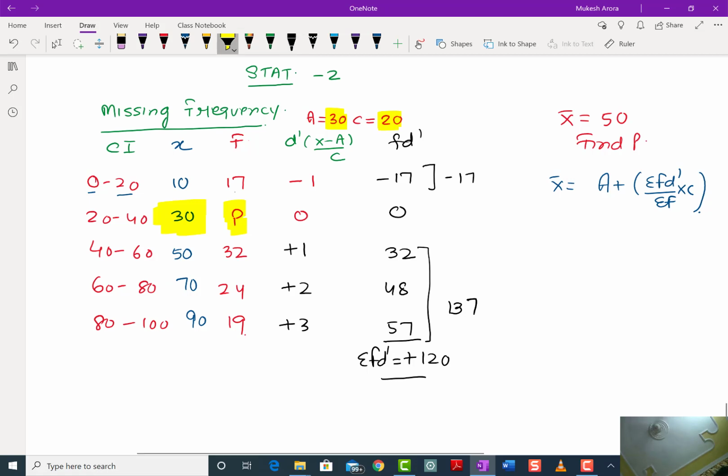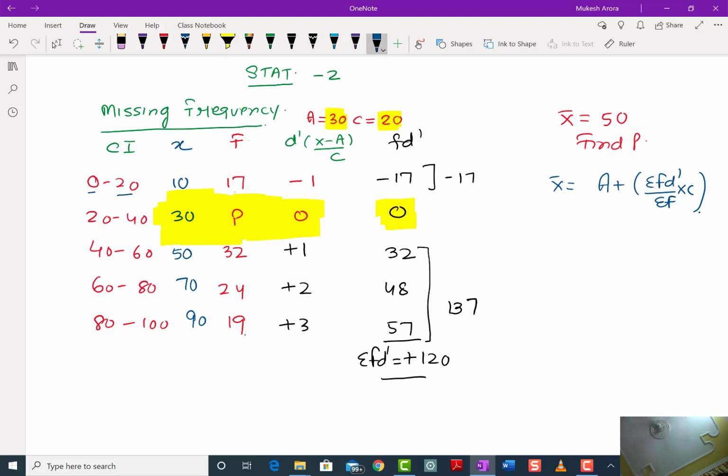Now we take 30 as the assumed mean, which pertains to the missing frequency. The benefit is that we get 0 here, so we are left with one variable and automatically very easily we will be able to get the answer.